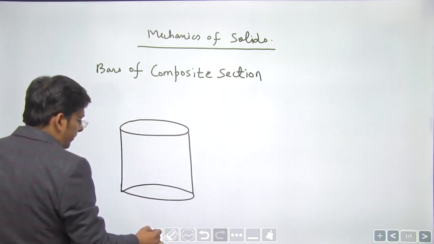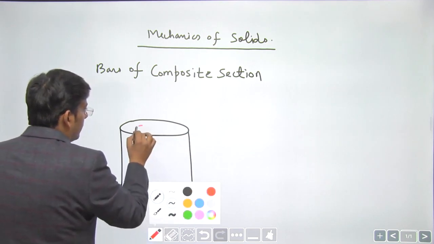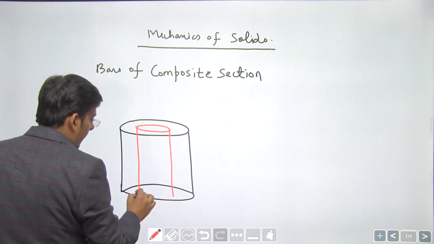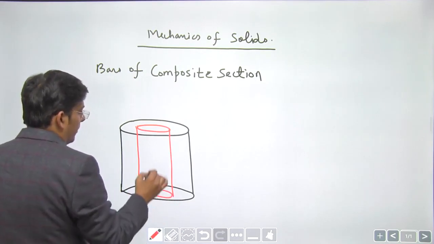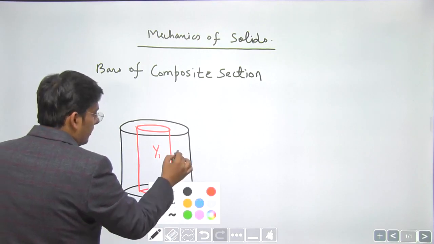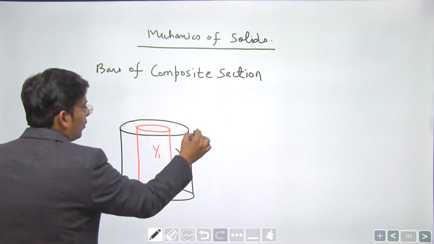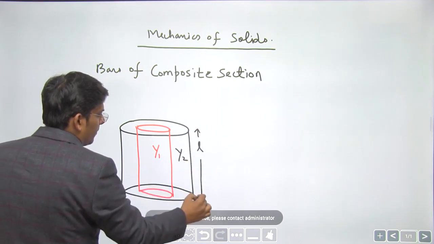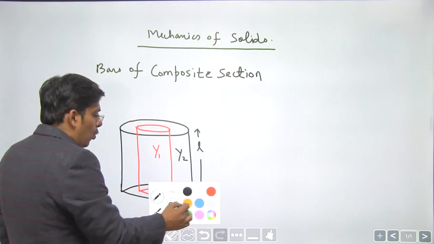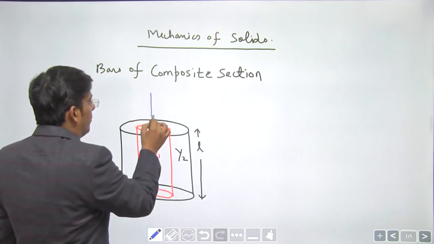This is one material, with Young's modulus y1, and this one has Young's modulus y2, right? Length obviously is going to be the same. This is basically a supporting pillar or a bar, right? There is a load capital F together on both the bars.